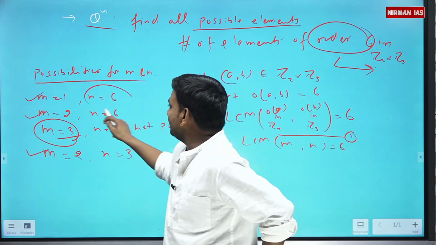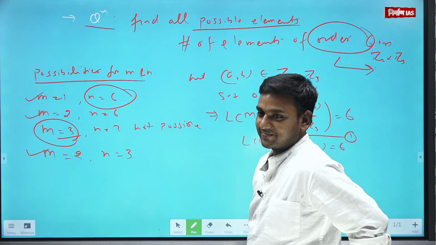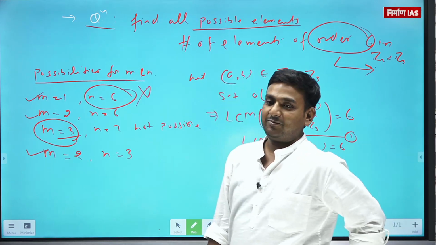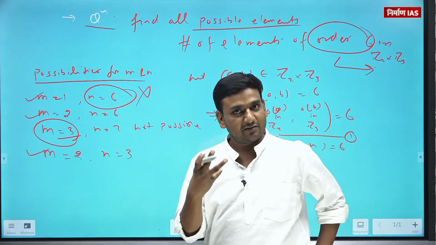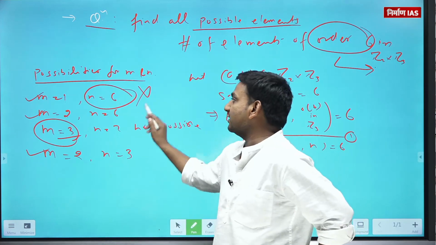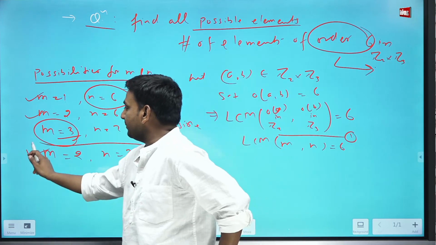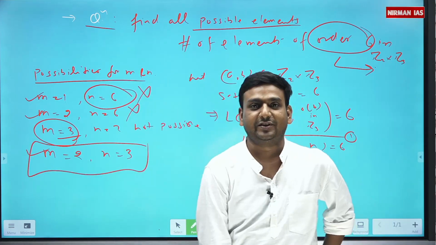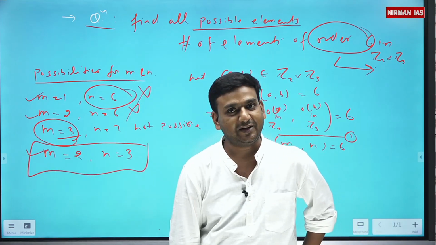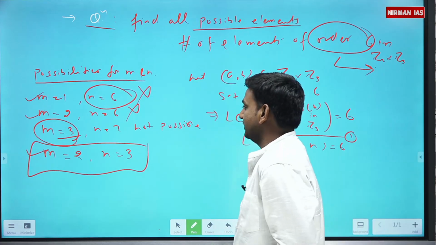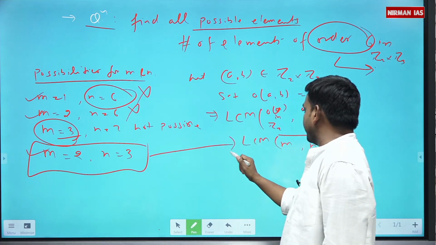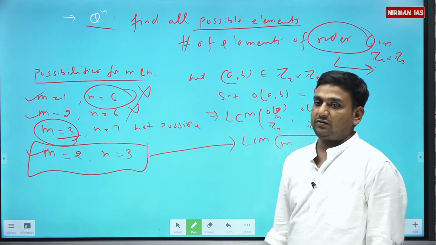Is 6 possible in Z3? Not possible, because the order of Z3 is 3, so Z3 cannot have an element of order 6. So the possibility remaining is m equal to 2, n equal to 3. You getting my point? Good. So with this possibility only, this is possible.